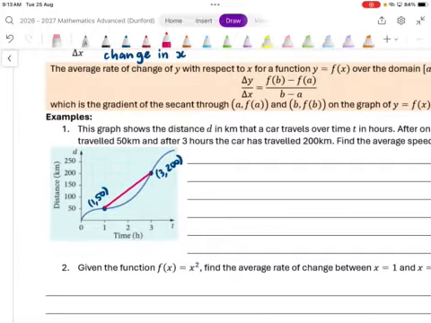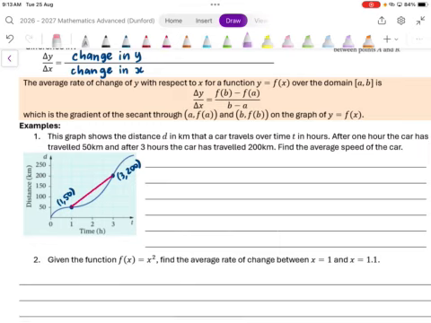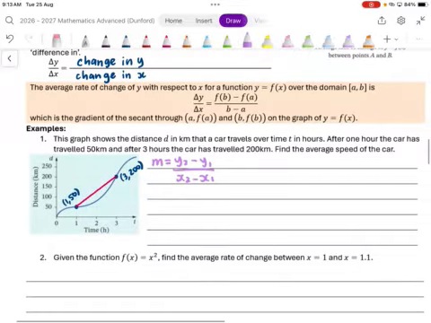So in order to find the gradient of that secant, we want to use our gradient formula. Now, I'm guessing that most of you would feel most comfortable when finding the gradient to use m equals y2 minus y1 over x2 minus x1. Okay, and as long as you know to use that, it doesn't matter if you prefer to use the other one.